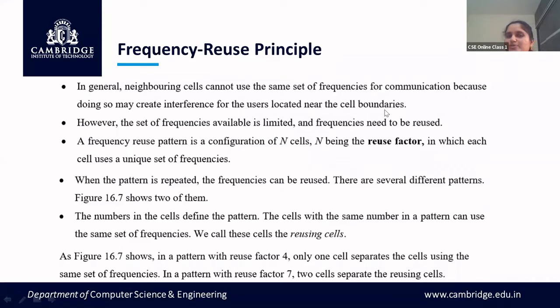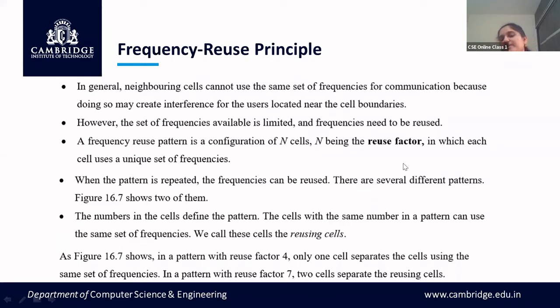This happens due to the frequency reuse principle. As far as possible, the people operating the base station will try to avoid these frequency reusing factors and use a unique set of frequency between the adjacent cells.